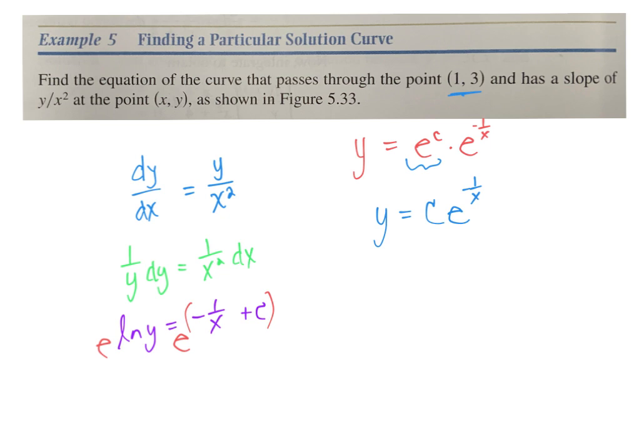So we're going to plug in a 1 for x and a 3 for y. So 3 equals c e to the negative 1, which is the same thing as c over e. So if we're solving for c, c is going to be 3e.